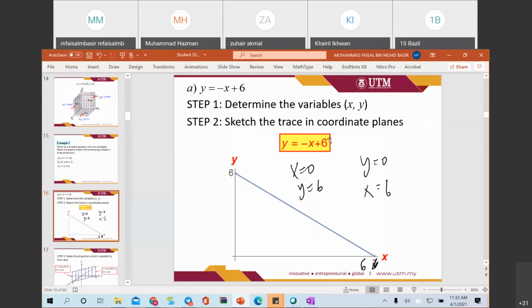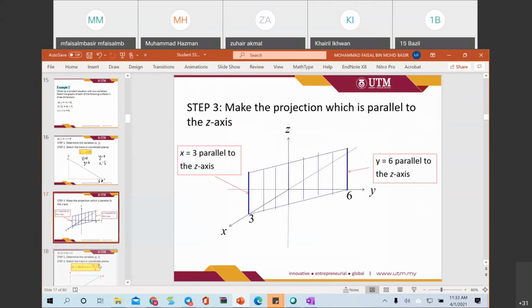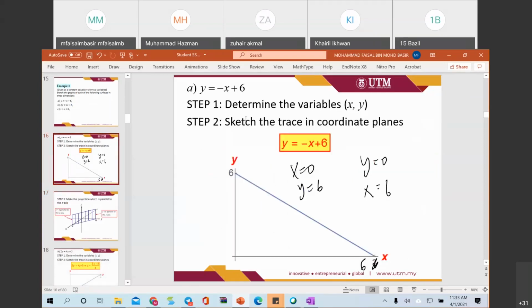Please amend your notes. So what you can do is, you see which one is missing a variable. Which one is missing? Z, right? Z is missing.